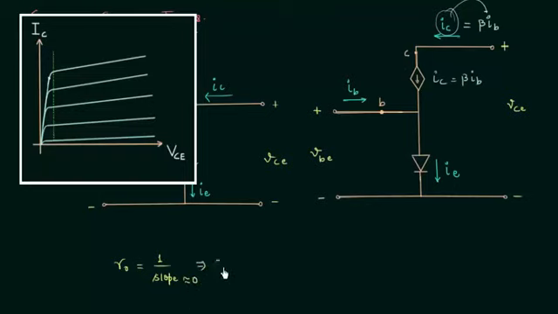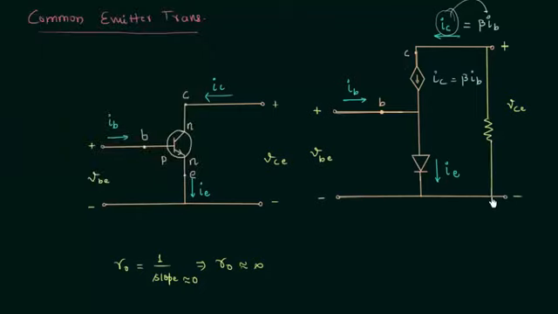This implies the output resistance is nearly equal to infinity. So we have output resistance RO equal to infinity. So we can also neglect the output resistance because it will remain open circuited, because no current will flow through resistance RO as it is infinite.